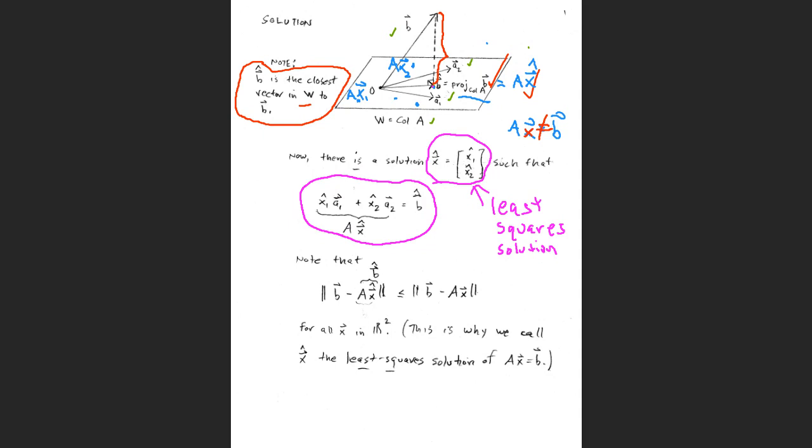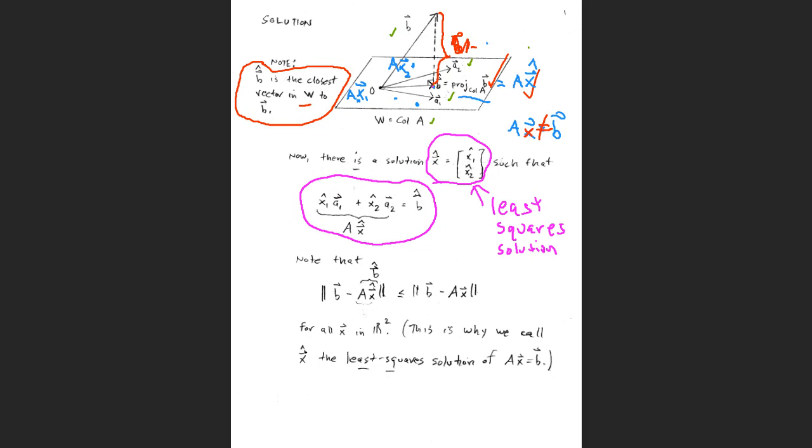We want this error, b minus A x, that distance, to be minimized. Like when you want to find the distance between a point and a plane, you find the length of that vector there. We want that distance to be minimized, and the least squares solution will do that.